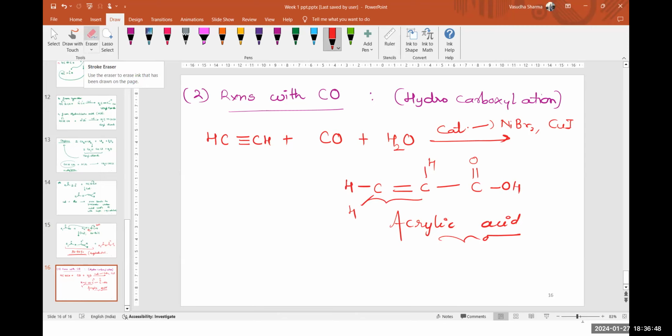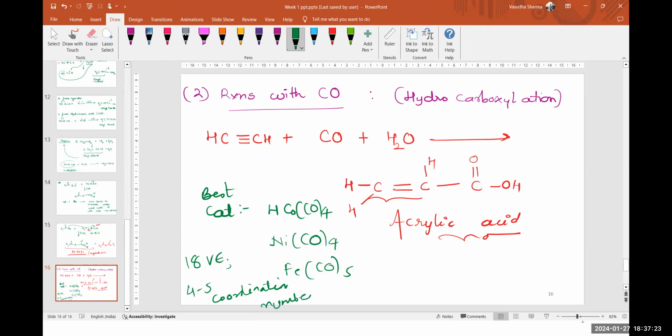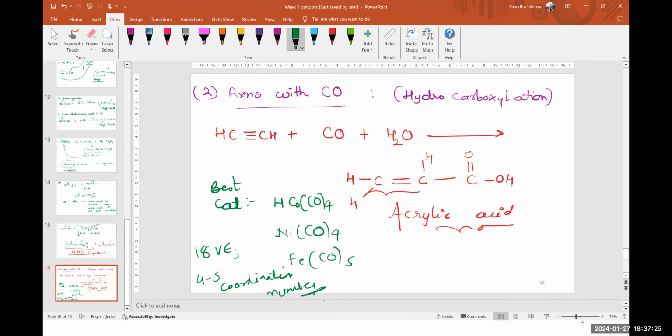So here, for having good yield, the best catalysts that we would be using are metal carbonyls: cobalt carbonyl, nickel carbonyl, and iron CO 5, which is 18 valence electron and has 4 to 5 coordination number, so it makes it more reactive and precisely gives us the required product.